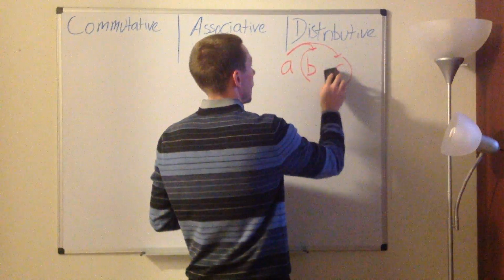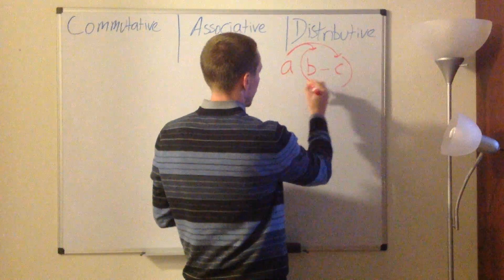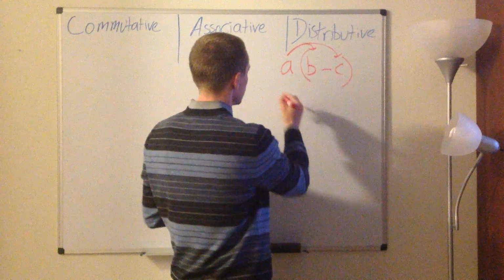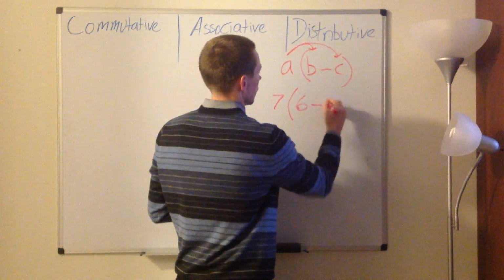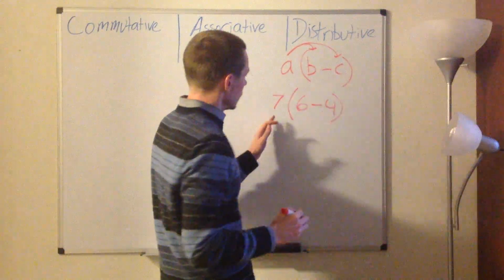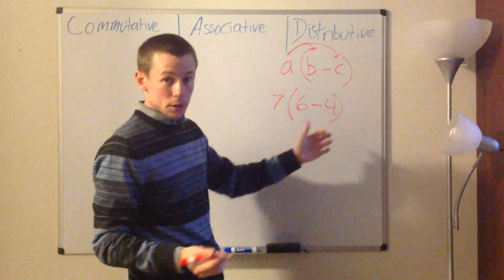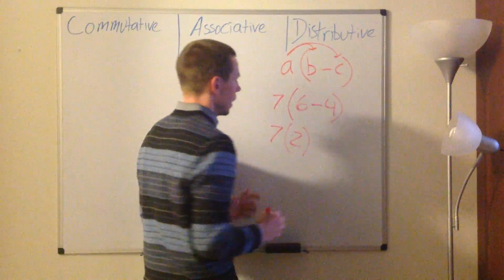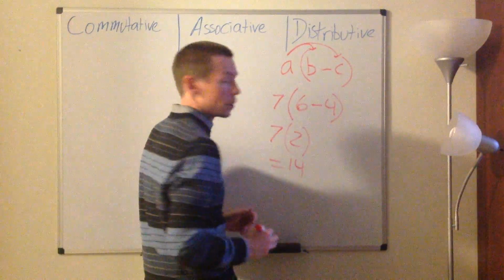So in other words, let's say I'll pick some new numbers. Seven and distribute it to 6 minus 4. Well, 6 minus 4 is 2. And 7 times 2 is 14.